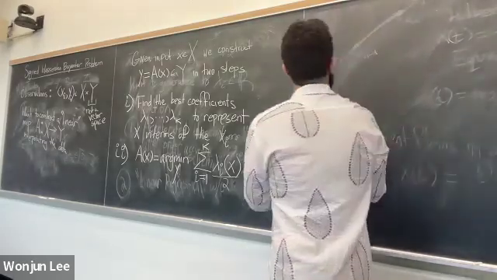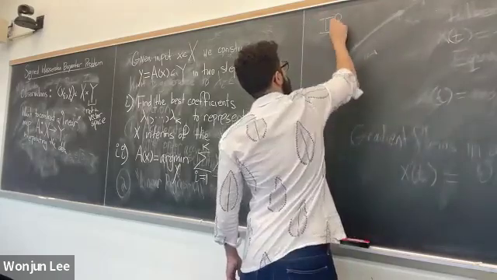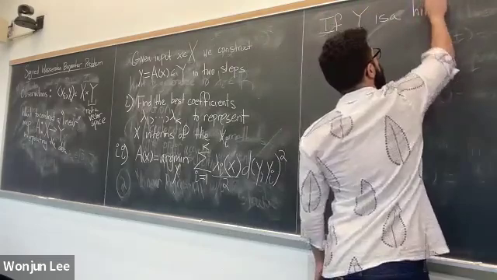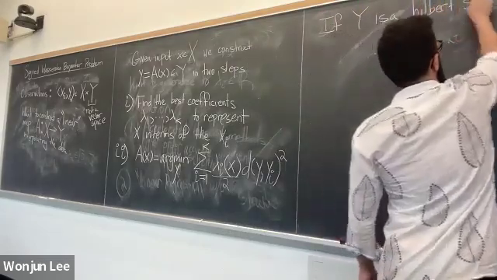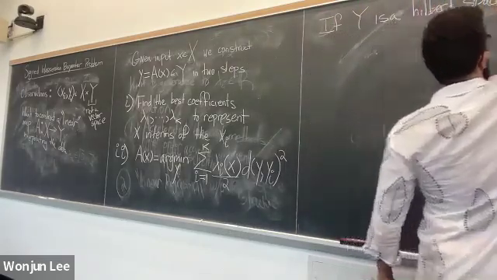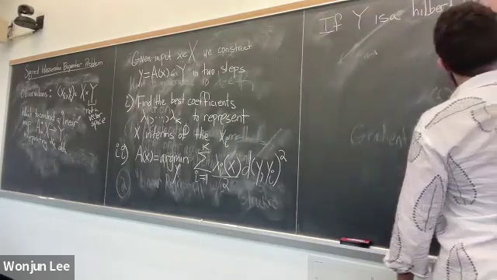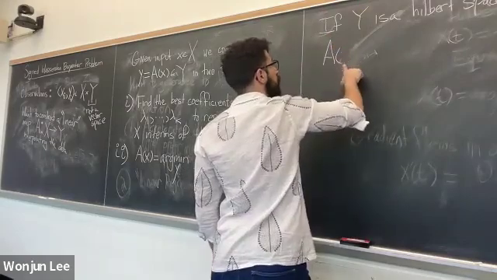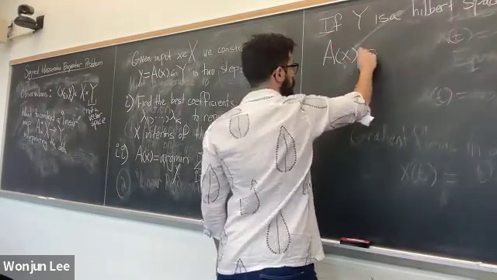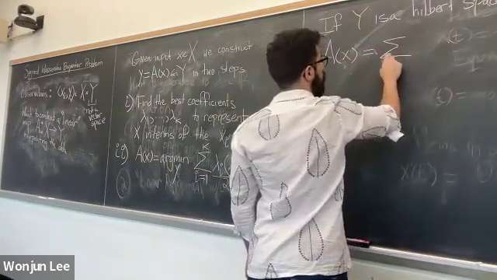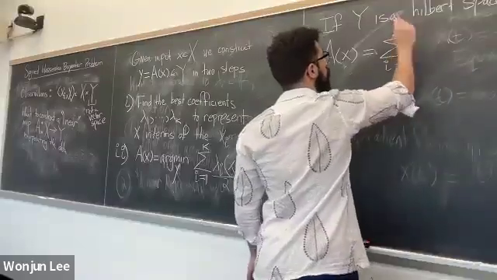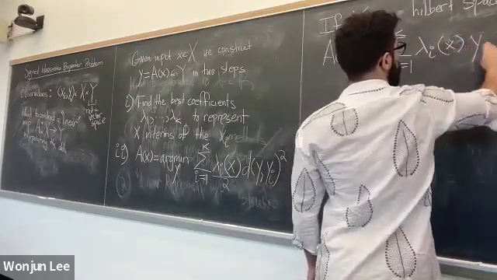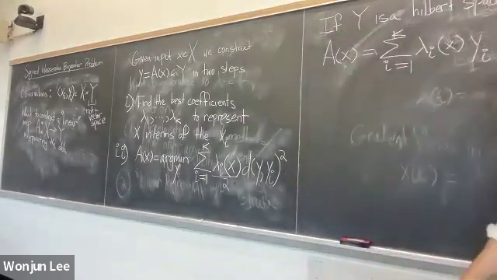Okay, so if Y is a Hilbert space, then A of x is literally this linear combination.